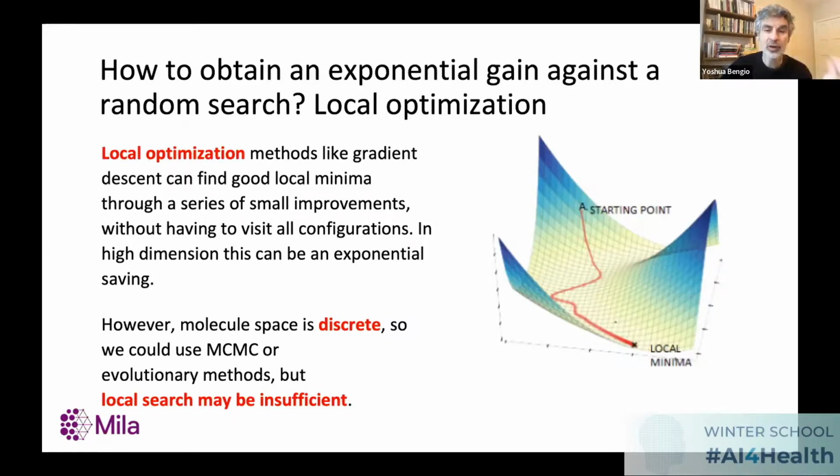If there's a function that has some structure, in other words, it's not random values for each configuration of the input of that function, like the function on the right that we see here, where Z is the value of the function on the vertical axis and X and Y are the inputs. If we're looking for a high value or a low value of that function, here we're minimizing, we don't need to try all the configurations, actually.